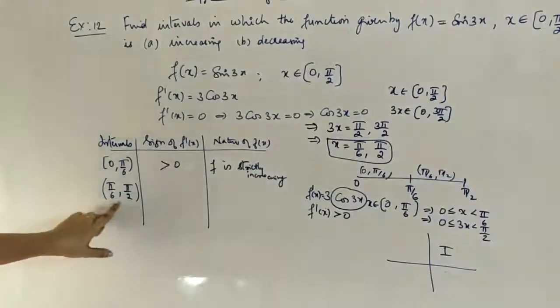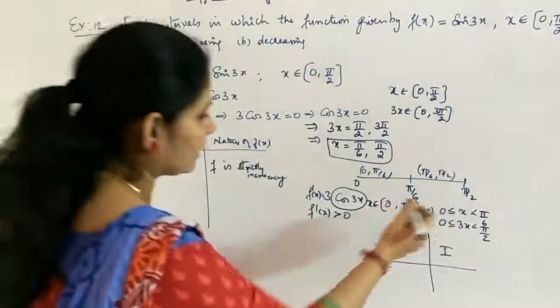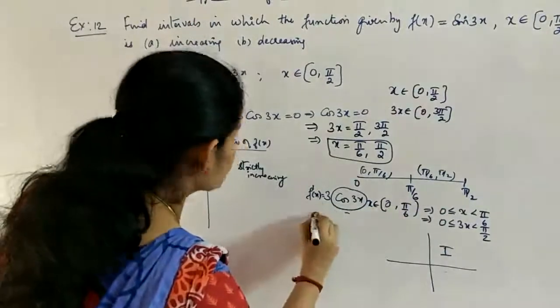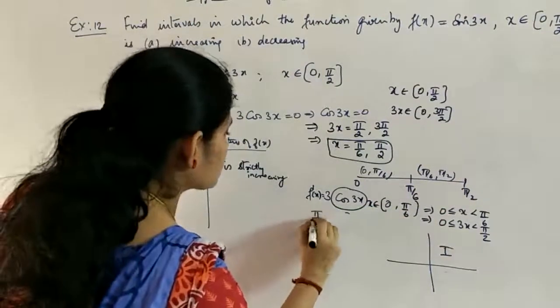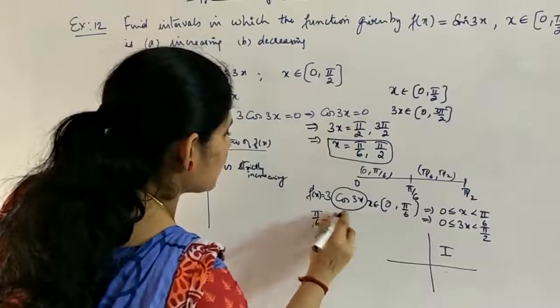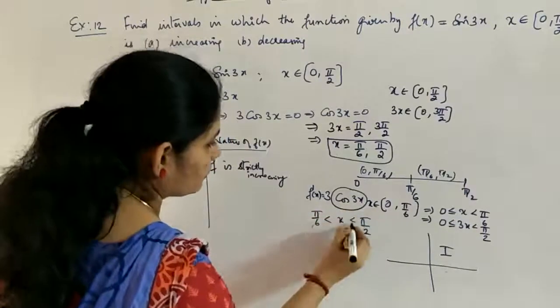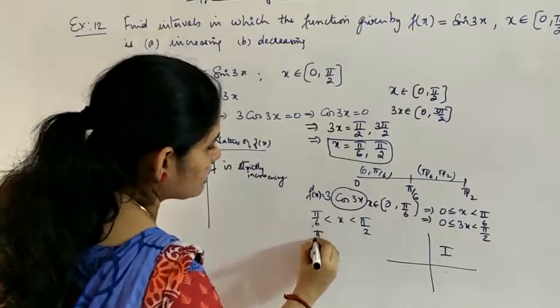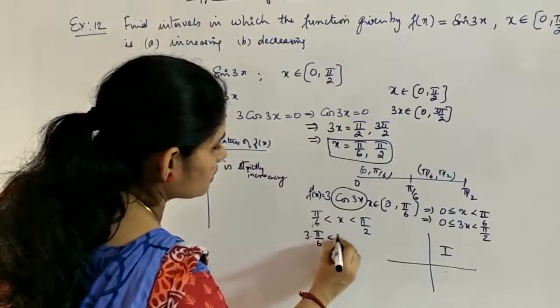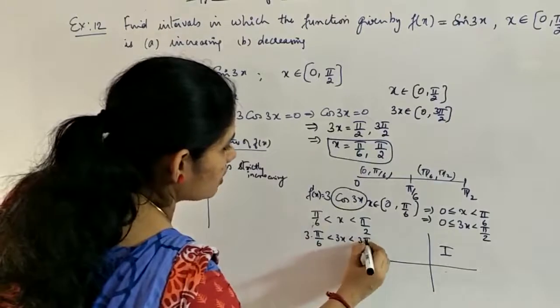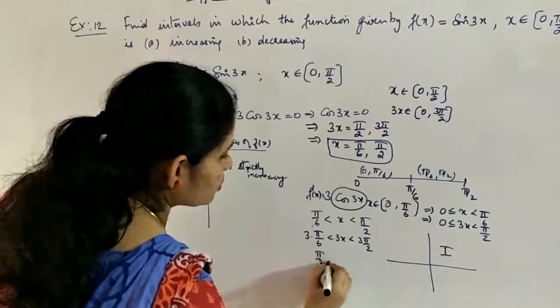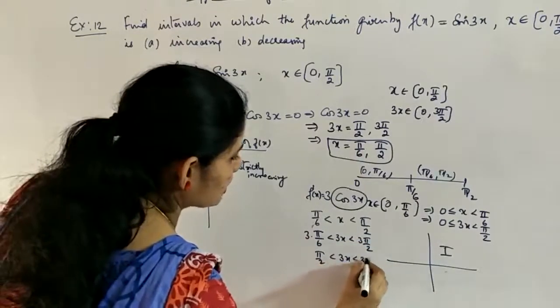Now for the next interval, if you move like this, you will have pi by 6 less than x less than pi by 2. So you will have pi by 6 into 3 is less than 3x less than 3 into pi by 2, or pi by 2 is less than 3x less than 3 pi by 2.